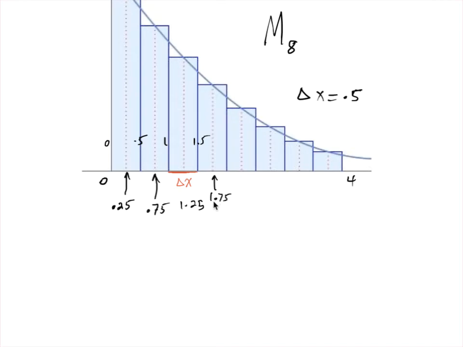So you keep adding half to each of these x's where you're evaluating the function. The next one would be 2.25, and the next 2.75, and the next 3.25, and finally 3.75. So those are the places where you evaluate the function.